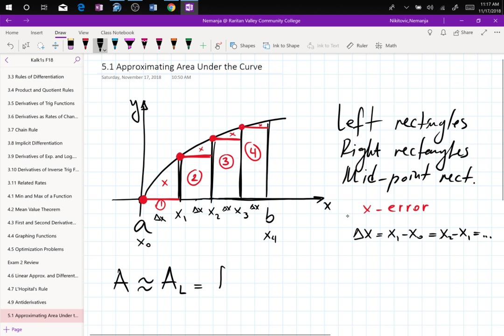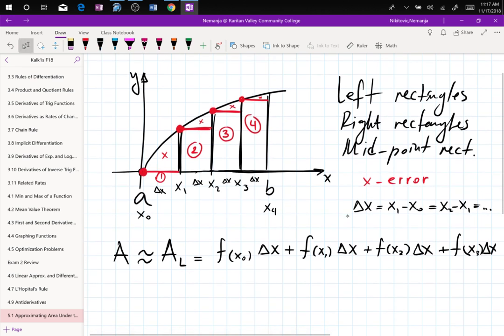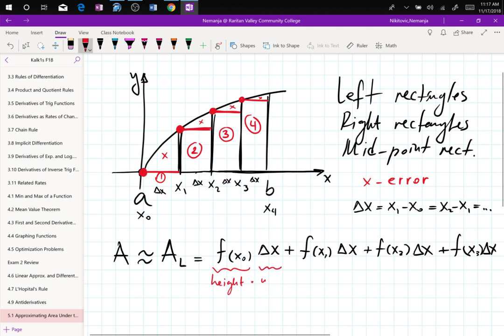So what do I have? The height is given by the function computed at x0 times delta x, plus function computed at x1, that's the height, times delta x, the width, plus f of x2 times delta x, and finally f of x3 times delta x. Each one of these is the height times width.